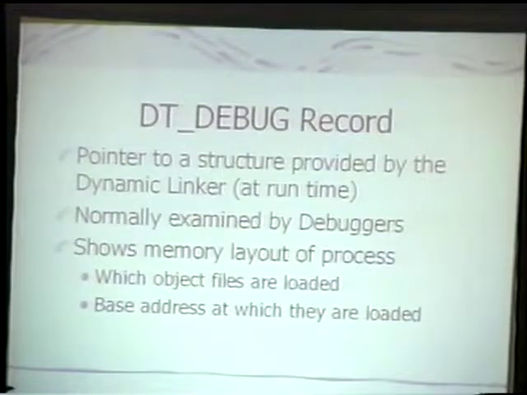It's normally examined by debuggers to work out the location of shared libraries so that when the code goes off into some random address, they can work out, oh, that's actually inside libc and it's actually printf, which the program is executing. And the debug record shows the memory layout of the process. For example, which shared libraries are loaded where, and other information about them. And we'll talk about that in detail with diagrams and stuff a bit later.